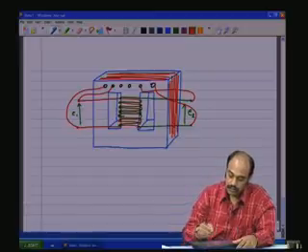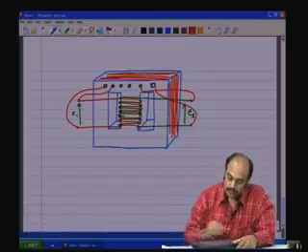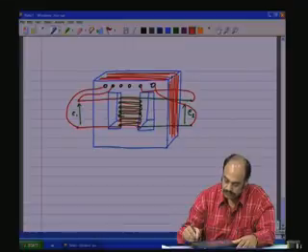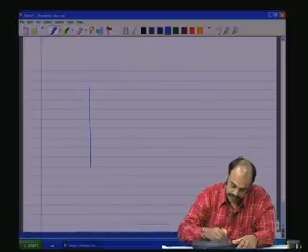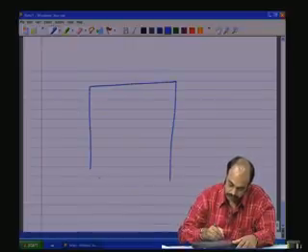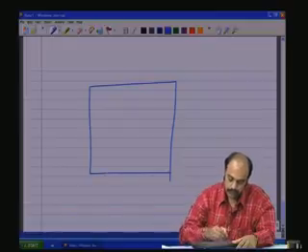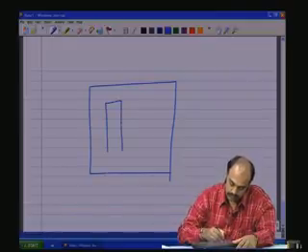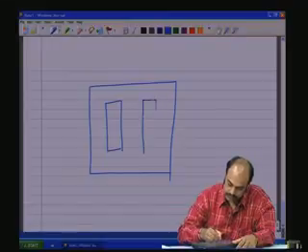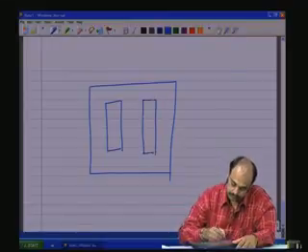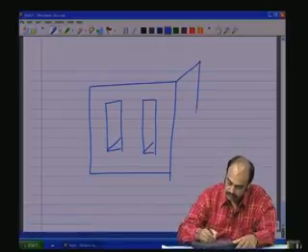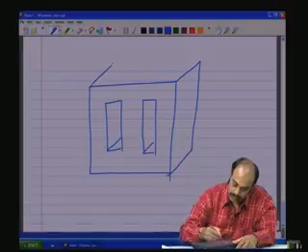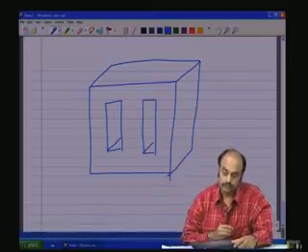Now, here you need to worry about a few physical dimensions, which I will explain now. We will take that same core, we have the central limb, this is the 3-dimensional view of the core.